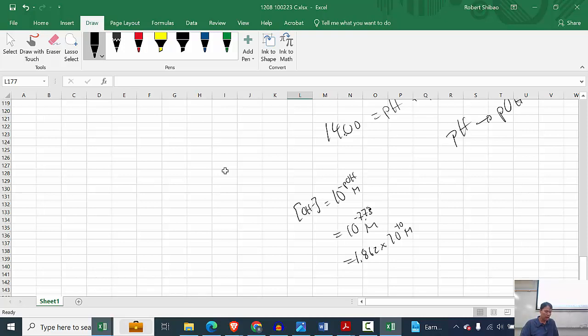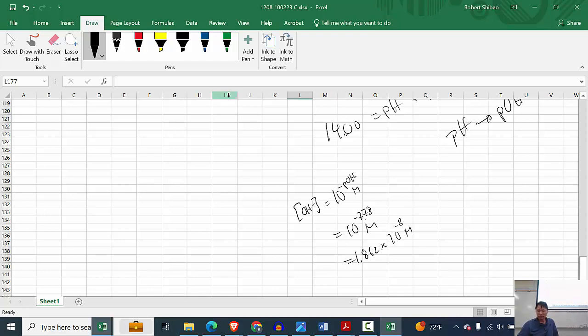Yeah, I'm off. It should be between the negatives, so let me fix that. Yeah, times 10 to the minus 8. That's kind of what we expect. It should be around 10 to the negative 8, 10 to the negative 7, 10 to the negative 9, in that range.